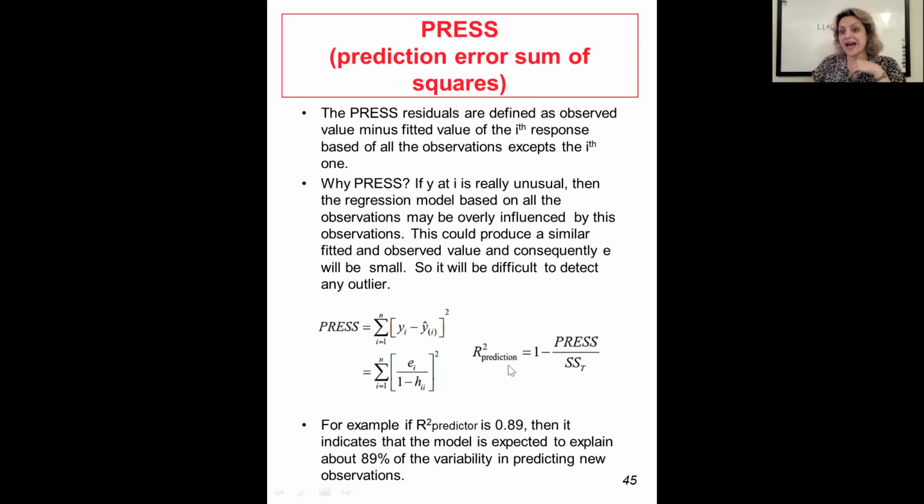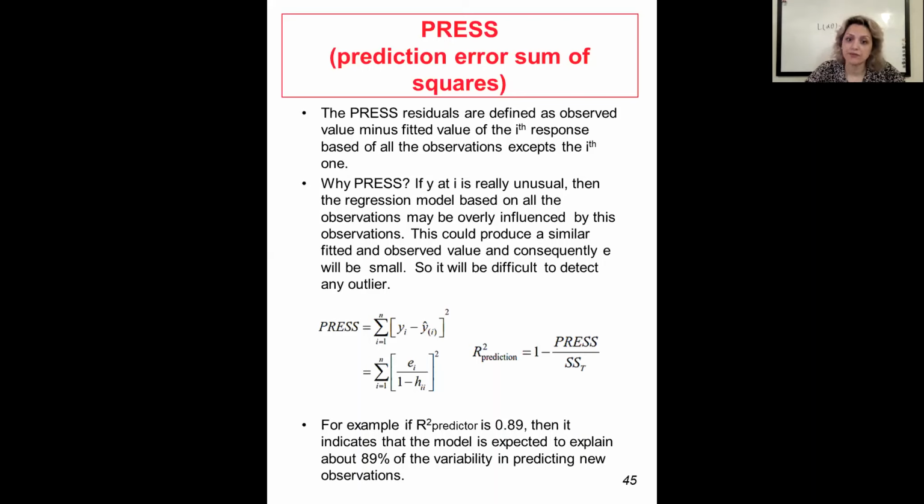So when we are talking about R square, so far we had R square, we had adjusted R square, and this one is the R square of prediction. We would say 1 minus PRESS, the amount of error for that specific i, divided by the SS of total.